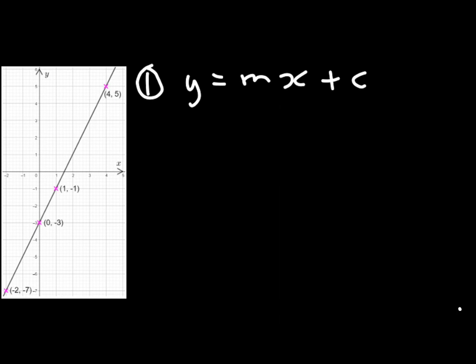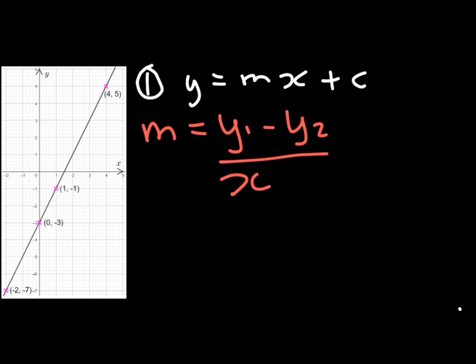in order to find the equation of this straight line graph. We can start off by finding m, and as you should all know, m equals y1 minus y2 over x1 minus x2. This is a formula that you will all need to know off by heart.